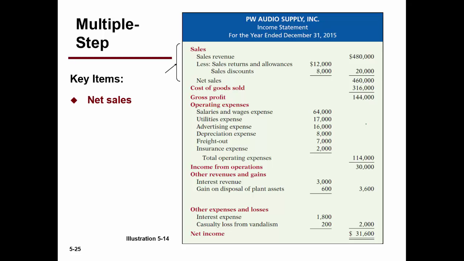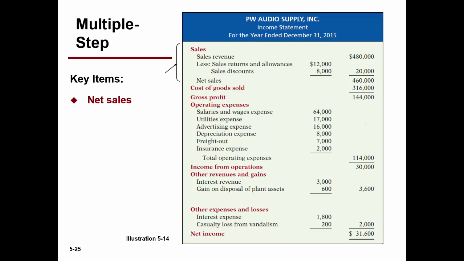Then we take our operating expenses. Notice freight out is an operating expense, along with all of our day-to-day expenses, our utilities, our advertising. That gives us our total operating expenses. Our gross profit minus our operating expenses gives us operating income. And then we take out our non-operating items, or add them, whichever we have. Interest revenue would be an add. Interest expense would be a subtract, wouldn't it? And that gives us our net income.